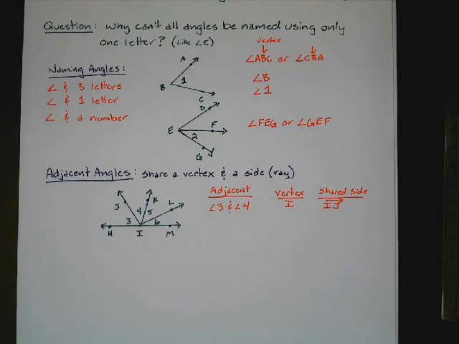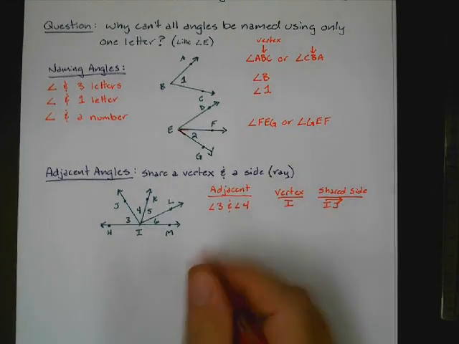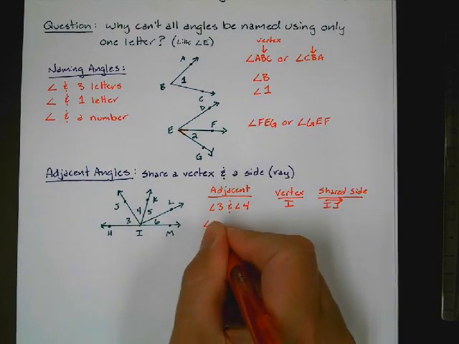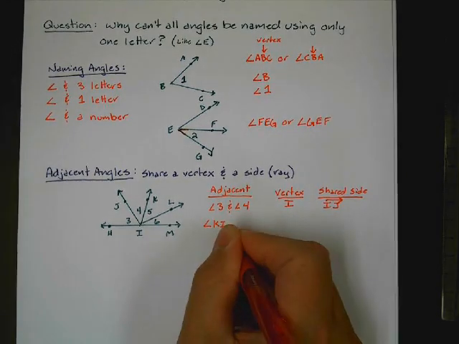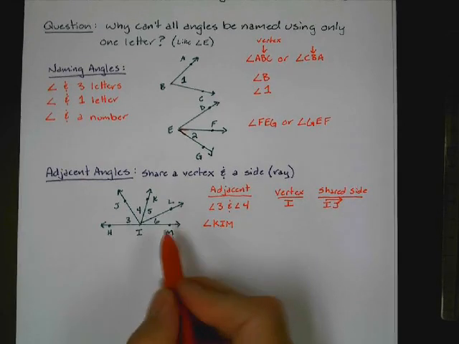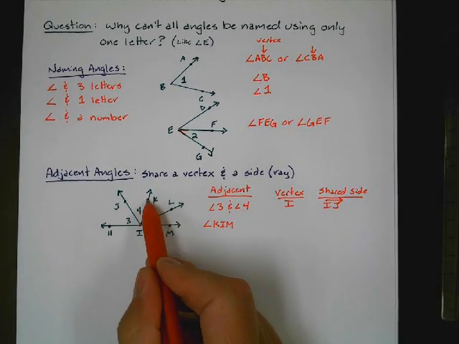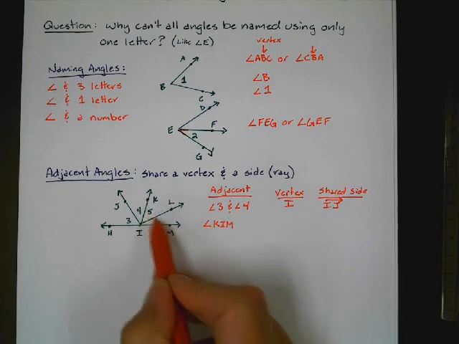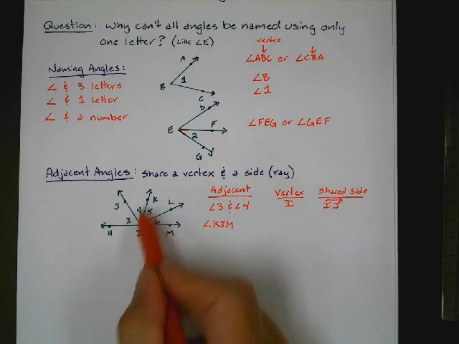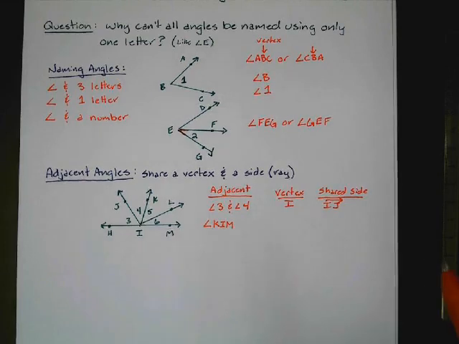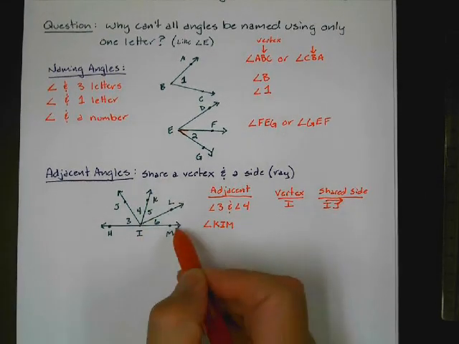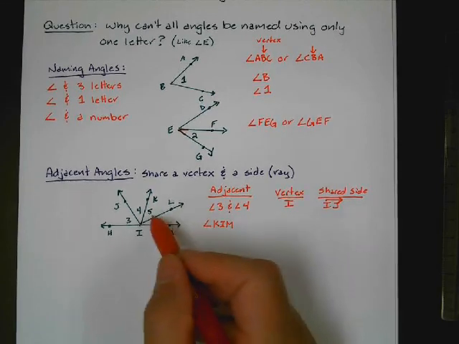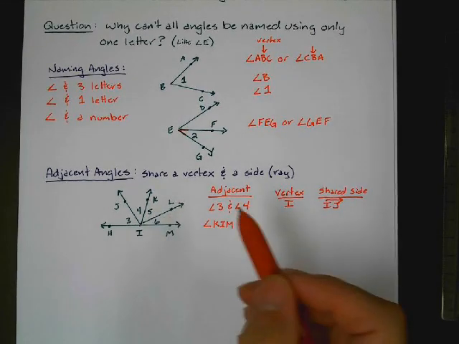All right, let's look at a couple other ones. Let's do angle KIM. All right, so let's look at it. K is here, I, and then M. So that's angle 5 and 6 together, so KIM. Now, what angle would be adjacent to that one? Well, you can't say 5 because 5 is inside of it. They have to be next to each other.